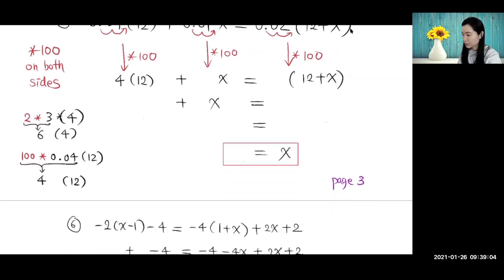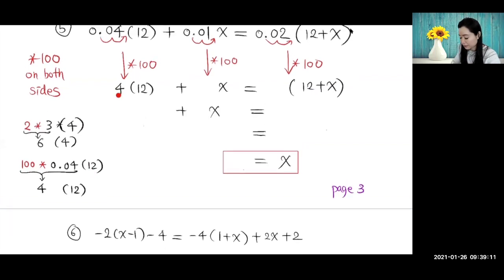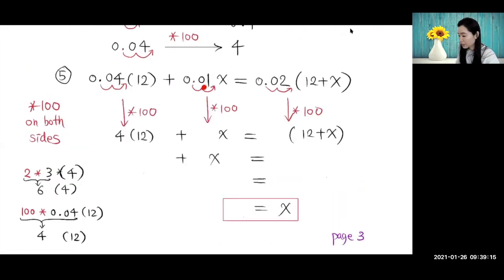So you don't use the 100 times the 12 again. Okay, so here you get 4 times 12, just like that. And here, move the decimal point 2 places to the right, you get 1x, which is this x. And here you will just get 2. Move the decimal point 2 places to the right.